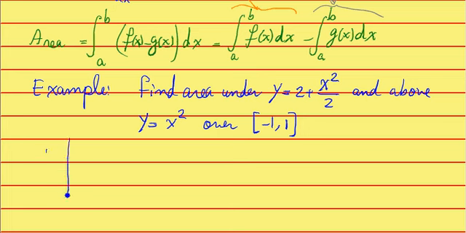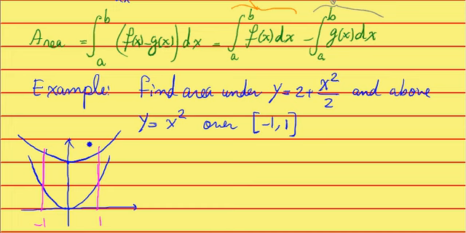We don't really need the picture, but it helps to have something in front of us when we are doing one of these problems. 2 plus x squared over 2, suppose this is 1 and that is 2, and we have a parabola, and the other one is x squared, and the problem itself tells us that we are going from -1 to 1.